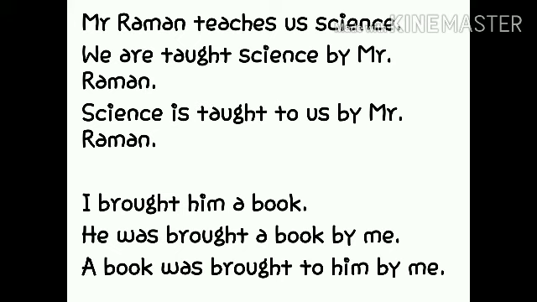So we can use both the objects to construct the sentence in passive voice. Can we construct a sentence using the word us? No, it's an objective pronoun, so we have to change that into a subjective pronoun. For us, what is the subjective pronoun? We.